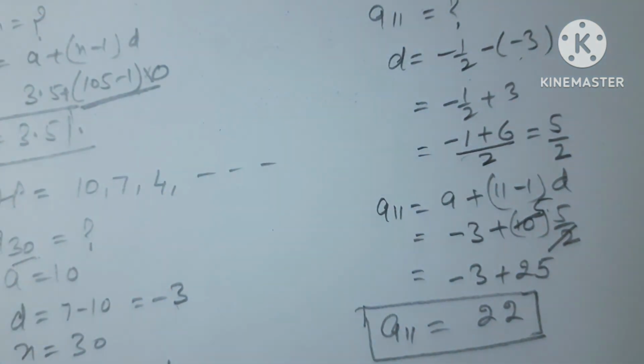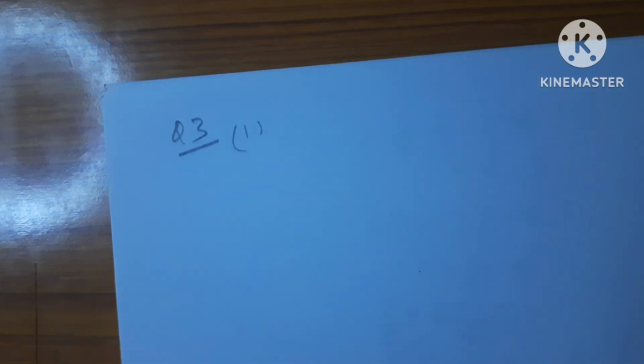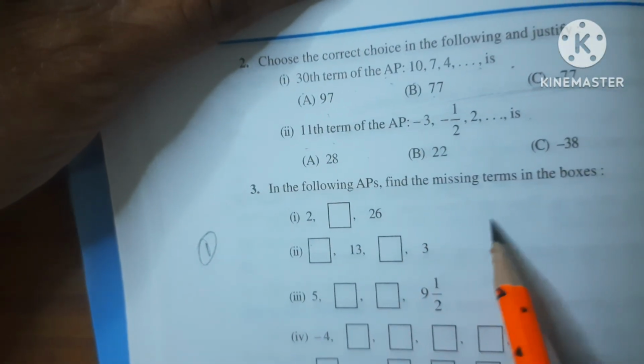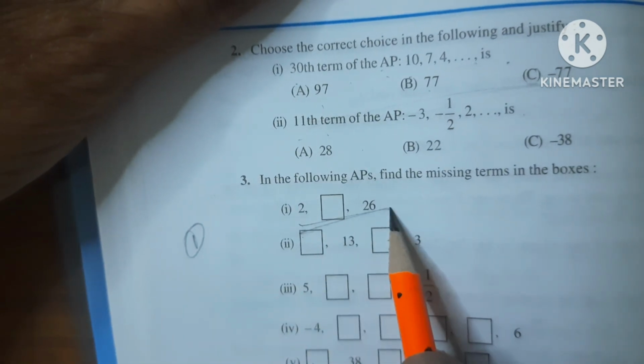Okay. Now question number 3, first part. In the following AP, find the missing terms in the boxes. So we are given AP like this.